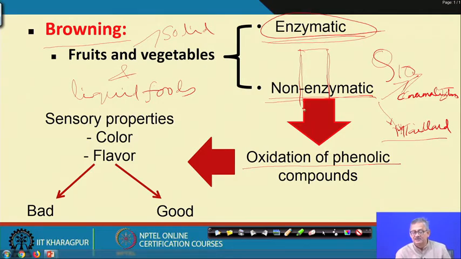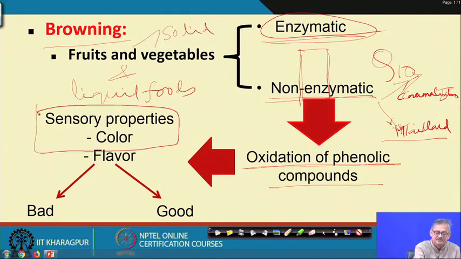If it is enzymatic browning, oxidation of phenolic compounds happens, for which the sensory properties like color and flavor get changed. Out of which many could be bad, some could be good.